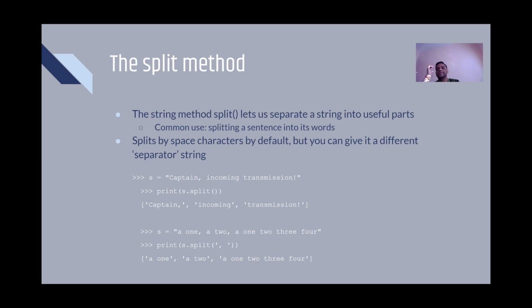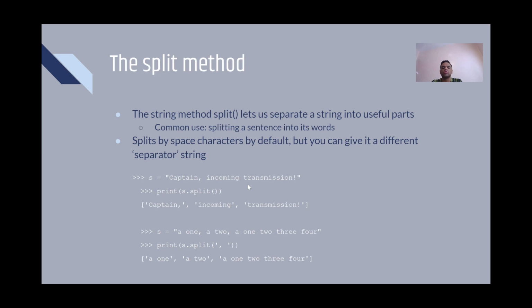When you just use split and don't put anything, it splits on white spaces only, meaning a space in between. That's what the split method is going to do by default.